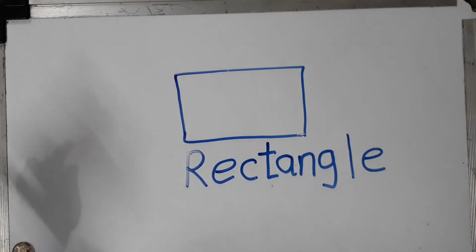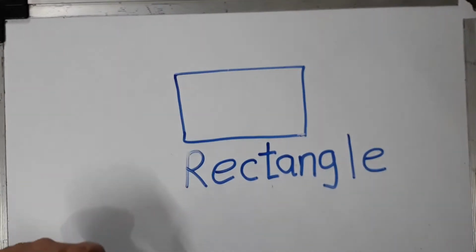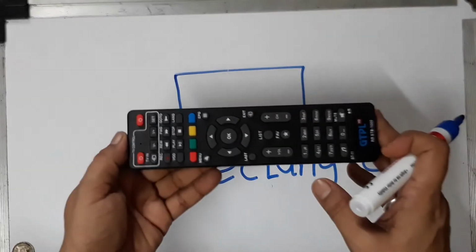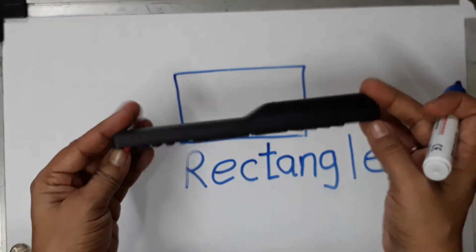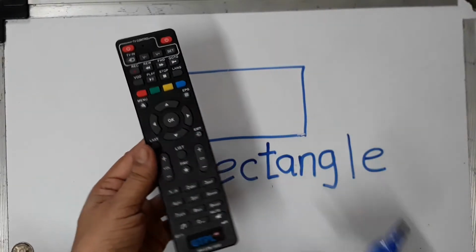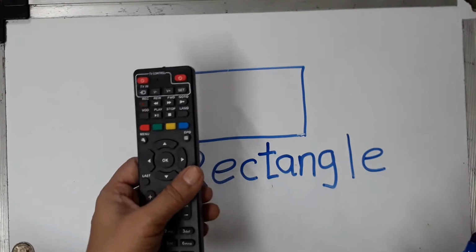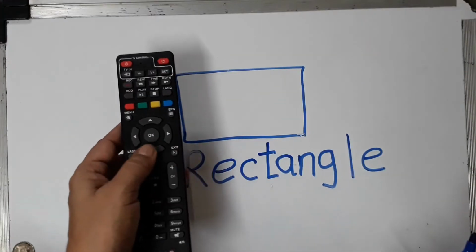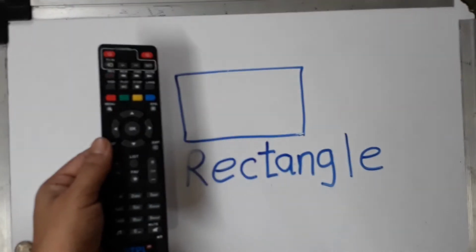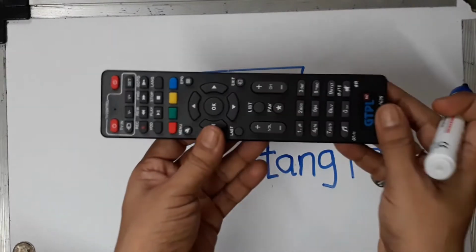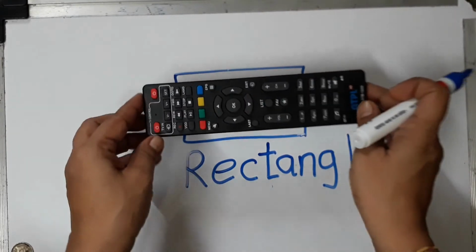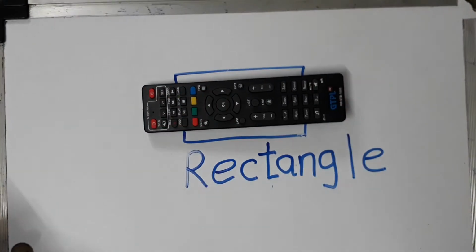Yes, you have seen lots of things of a rectangle shape, like a TV. Okay, see what is this? This is a remote control. You use this to control our TV, to change a channel, to turn the sound of our TV or music system up and down, right? So this is a remote control. It is a rectangle shape.